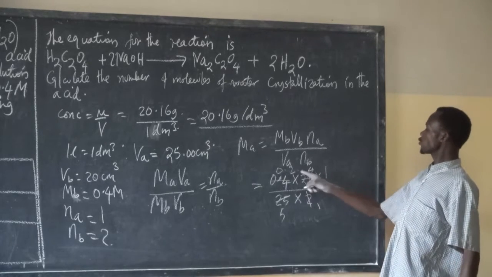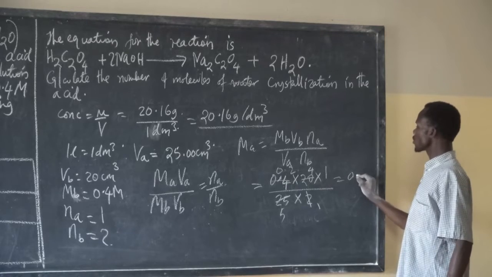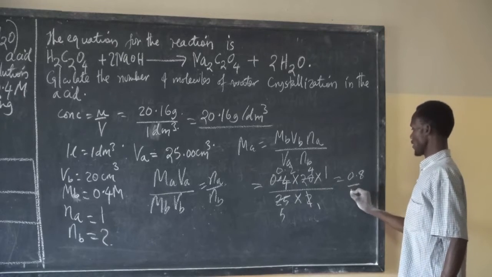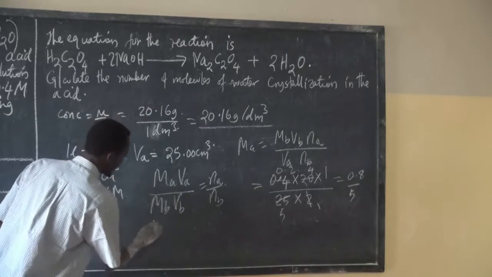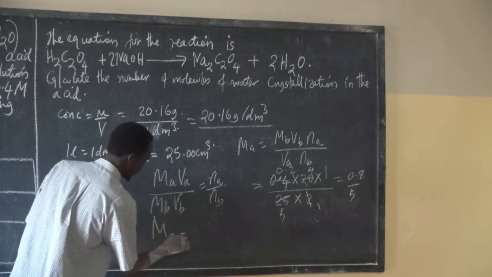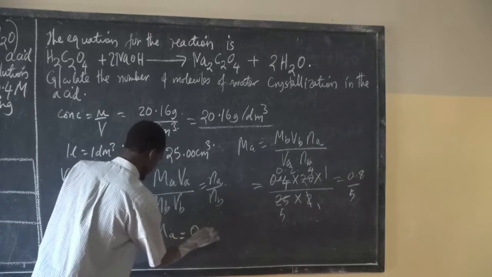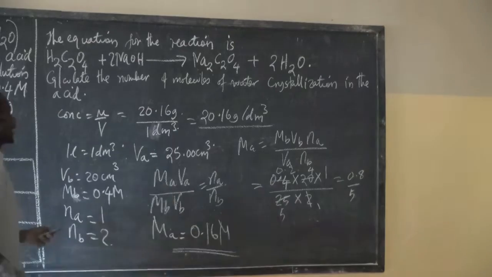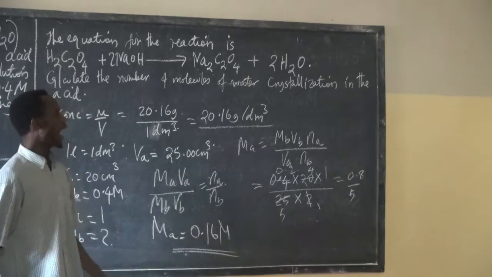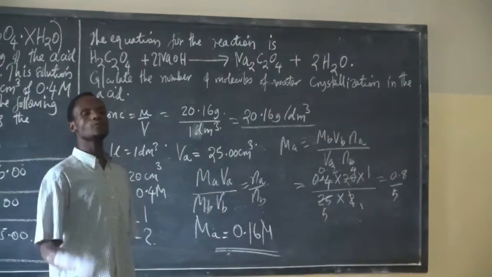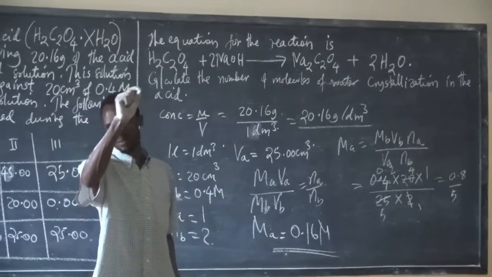Now you have 0.2 times 4, which is equal to 0.8 over 5. Now the molarity of acid is equal to 0.16.